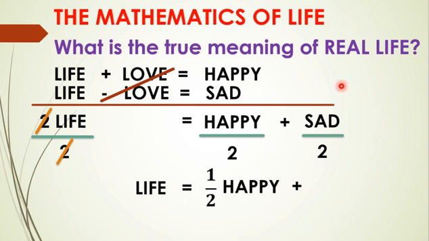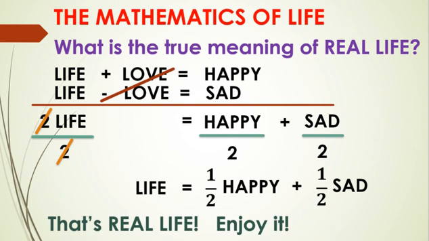Plus sad over 2 also means 1 half sad. Come to think of it, is life really equal to 1 half happy plus 1 half sad? Yes, that's real life. Enjoy it.